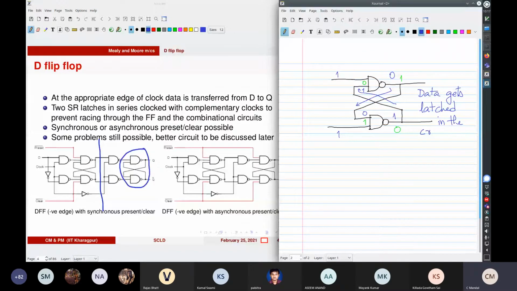This is a cross-coupled NAND gate. Here the data gets latched, and the requirement for the data to get latched is that you should have a 1 here and a 1 here.